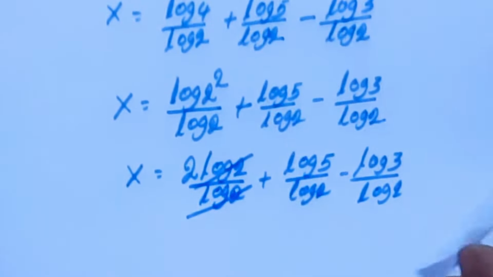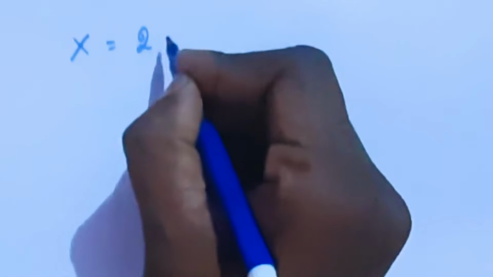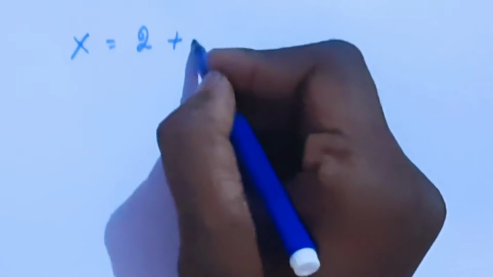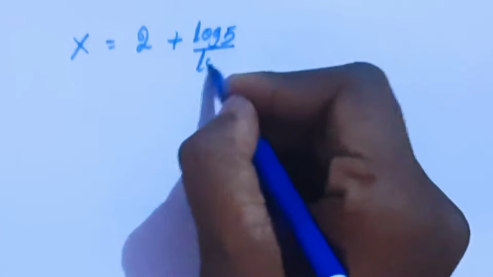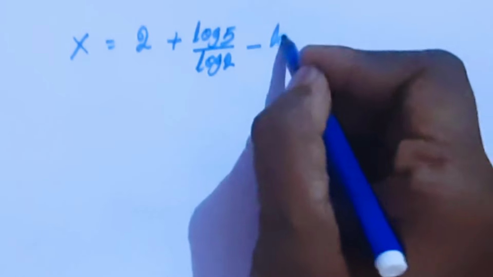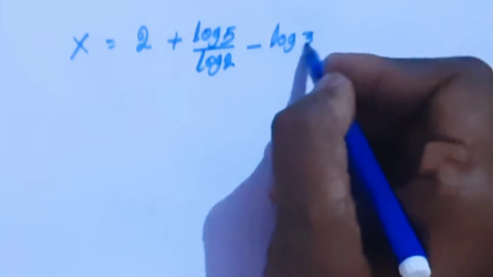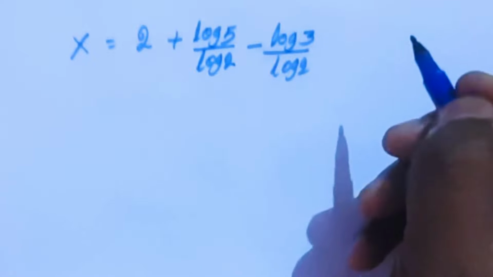So we have x equal to 2 plus log 5 by log 2 minus log 3 by log 2.